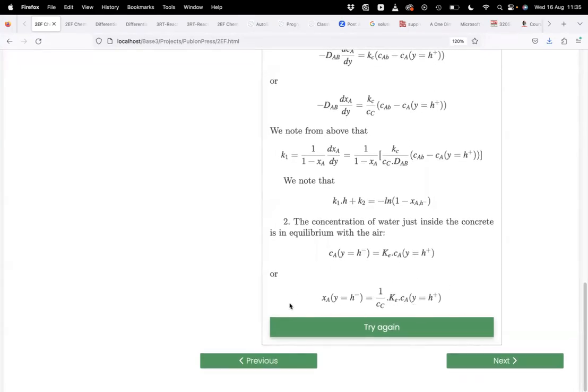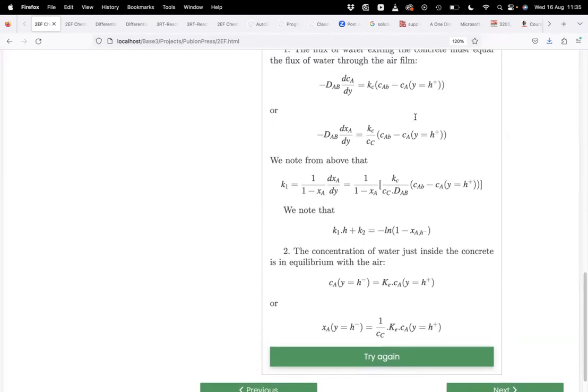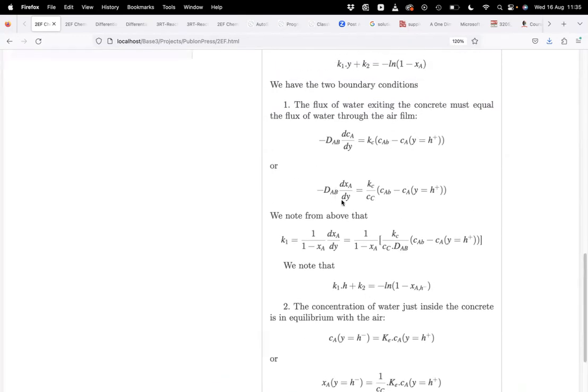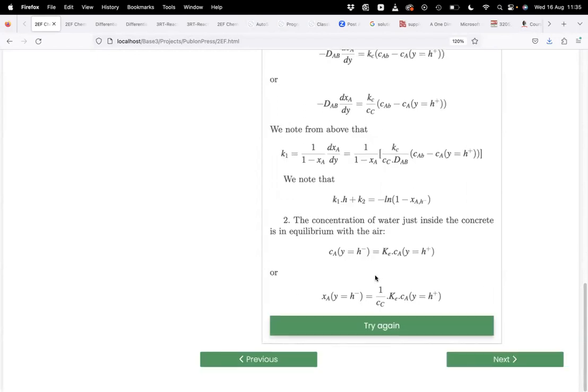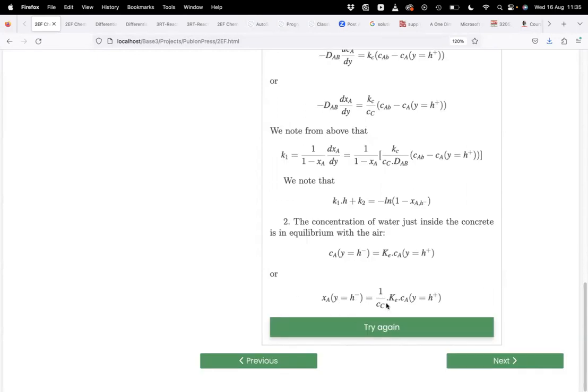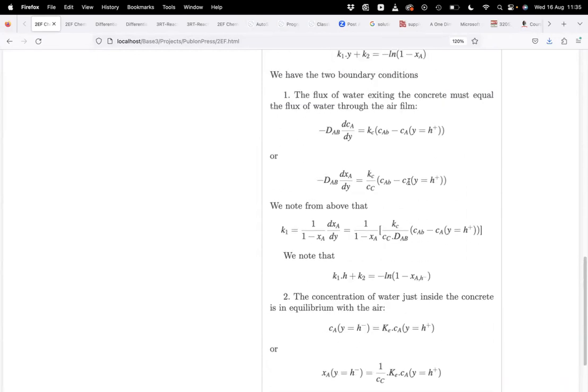But this is the other boundary condition. So you see, you have your two boundary conditions now, one being an equilibrium boundary condition, and the other one is this differential boundary condition. We call these mixed conditions, right? You have a fixed point in the one, and a derivative in the other.